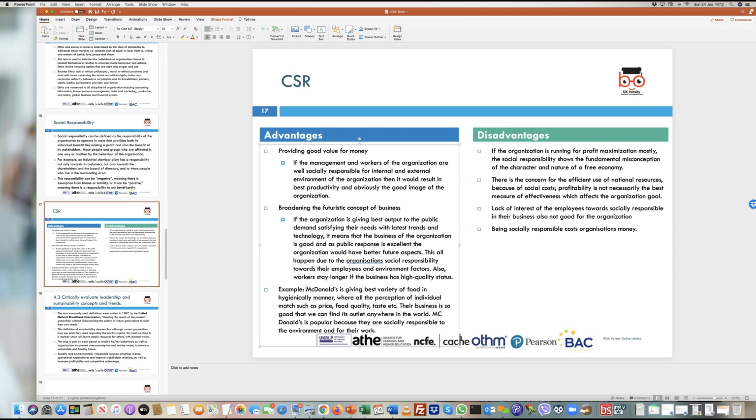And this creates a good image in the mind of consumers, saying that okay, it uses local raw material or local food produce to serve in the restaurants, which helps promote the company's image and shows that they are socially responsible, not just towards the environment, but also towards the community. So it is helping in brand building.